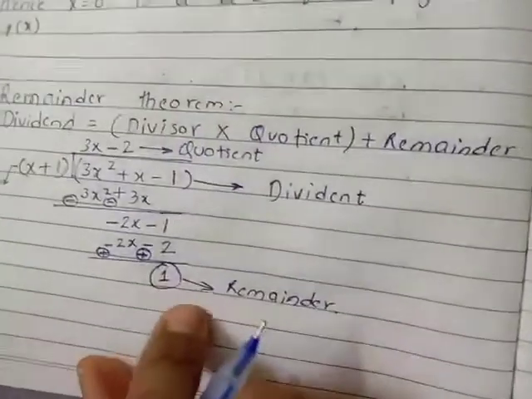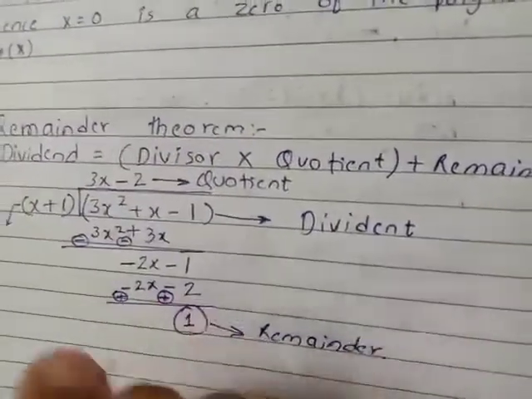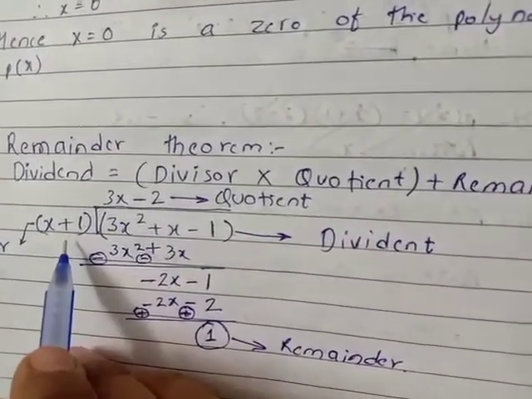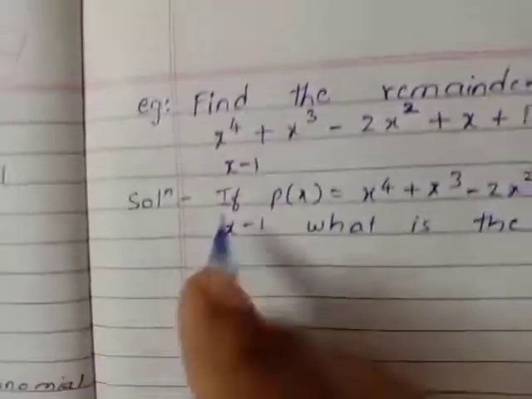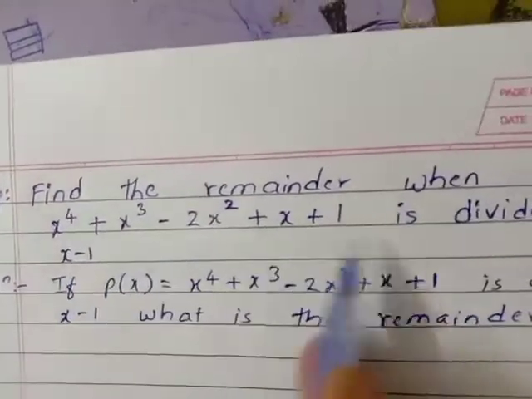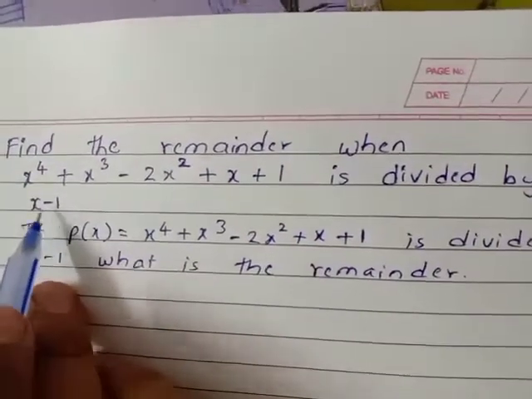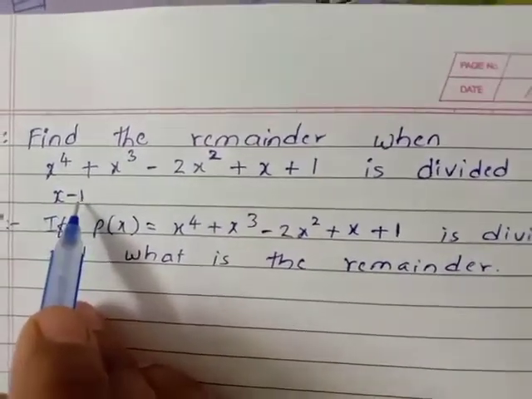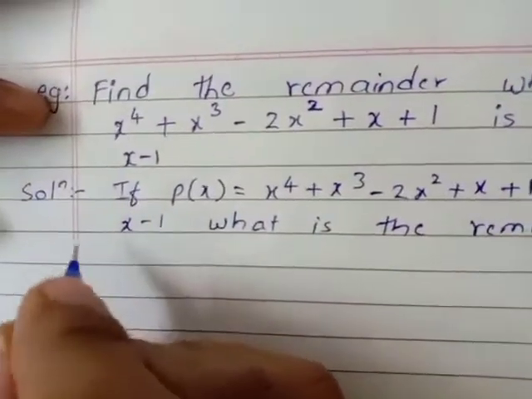Here you have seen how we found the remainder. We divided this equation by this. Here the method is different and the question is the same. Divide this by this.